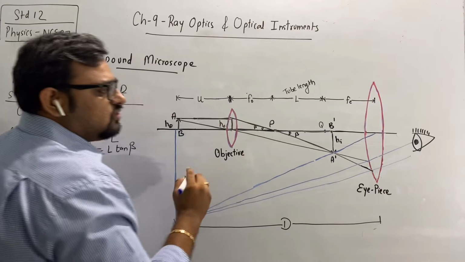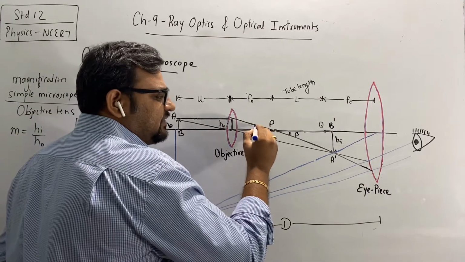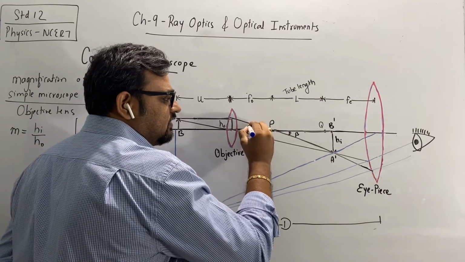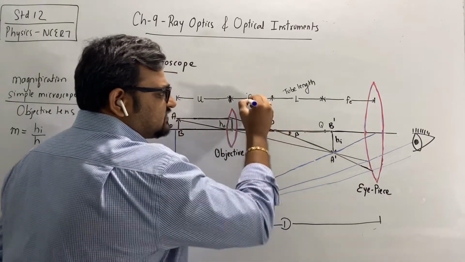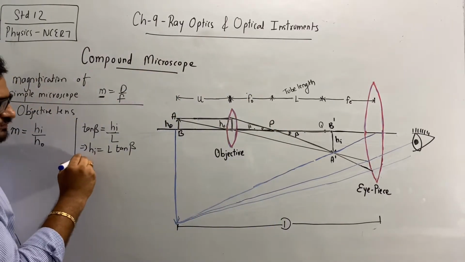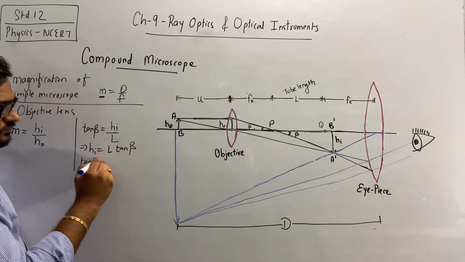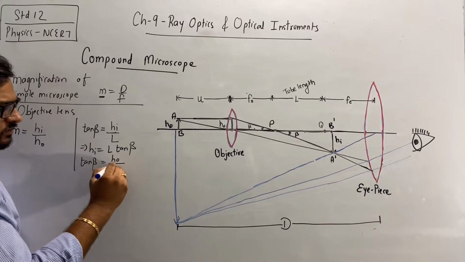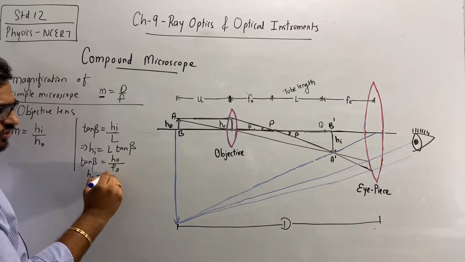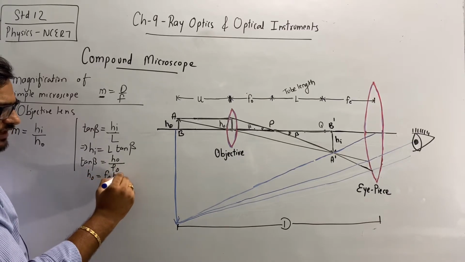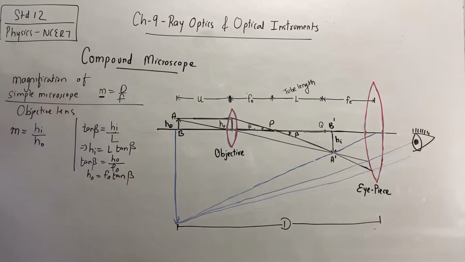Okay. So now here tan beta, this angle is beta. So tan beta, opposite means HO upon this. What is this? Focal length of the objective. So what does this mean? HO is equal to F0 tan beta. Clear?